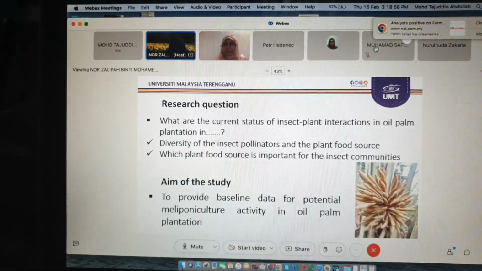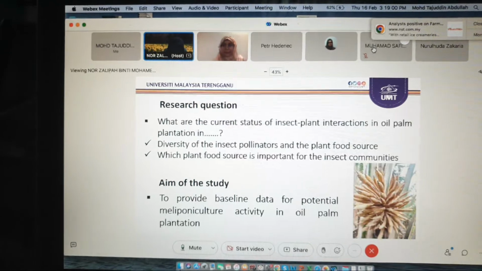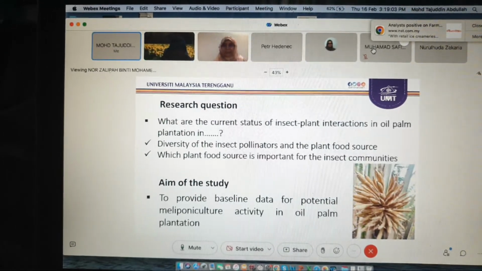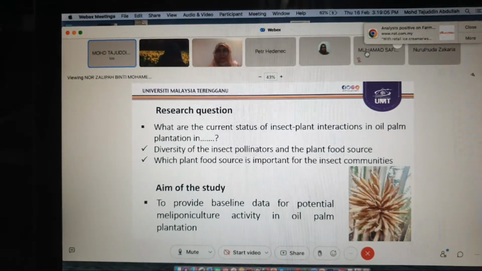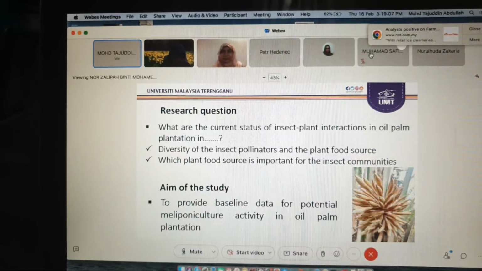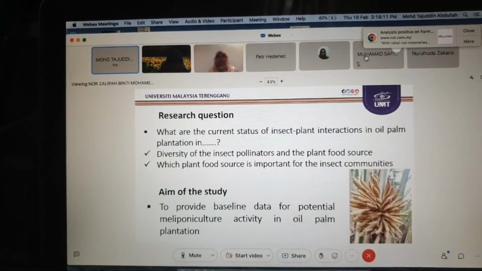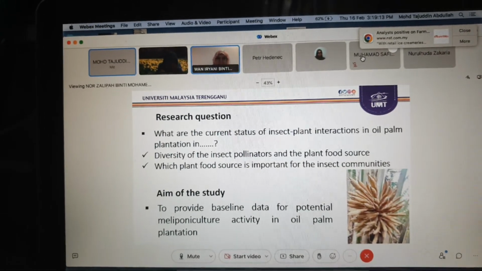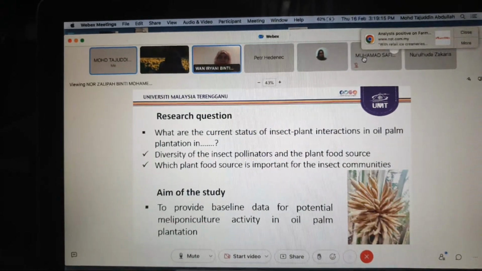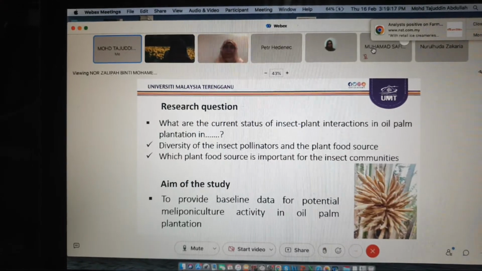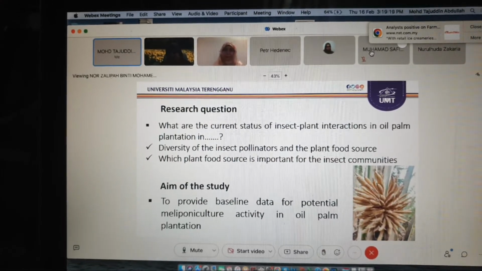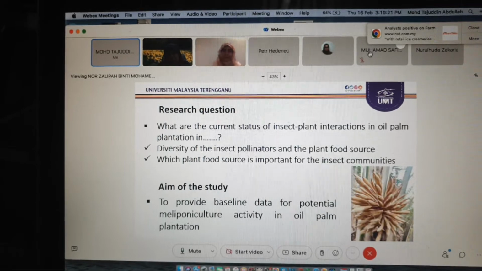So the first level is to identify in your plot how many flowering plants, how many native plants and how many introduced plants. And then, do you know the competitor for the bees?